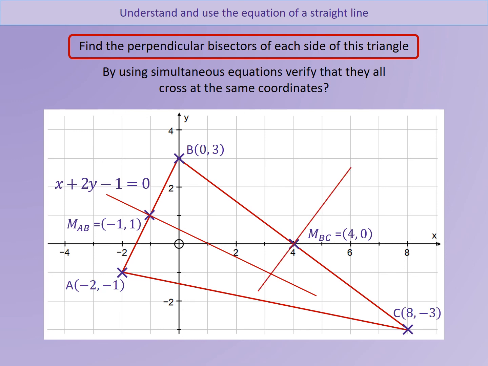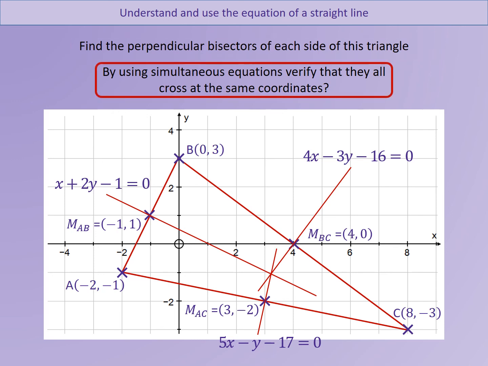Here is my perpendicular bisector, and it works out that the equation of that line is 4x minus 3y minus 16 equals 0. And finally, the midpoint between A and C, (3, -2). If I find the perpendicular bisector, it turns out that that equation is 5x minus y minus 17 equals 0.